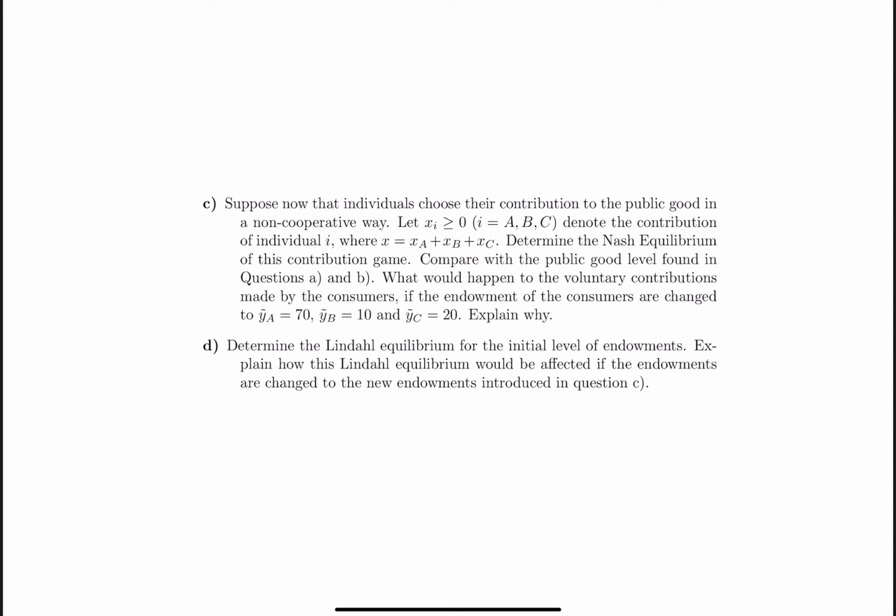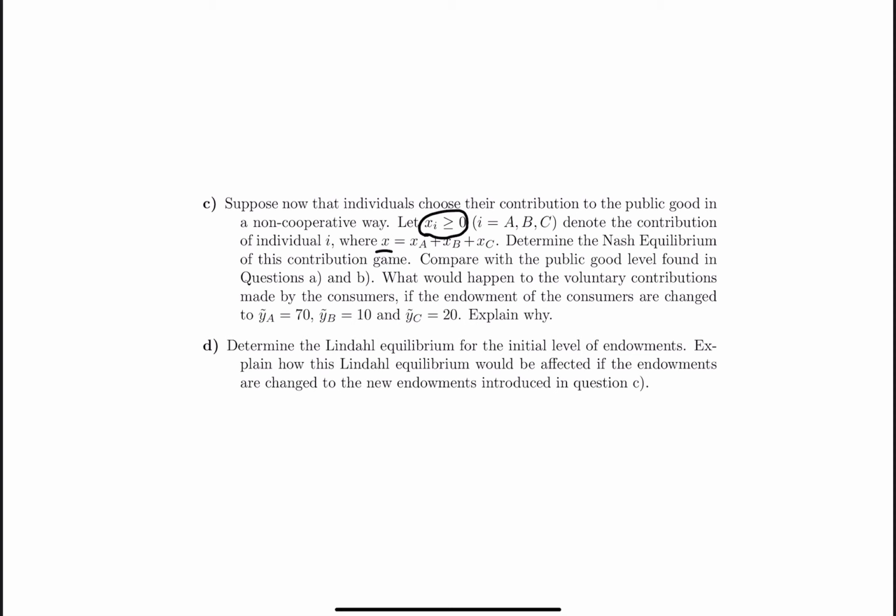So by xi, we now denote the individual contributions of the consumers to the total amount of the public good. Each of them is choosing their contribution, and x is now the sum of the individual contributions.